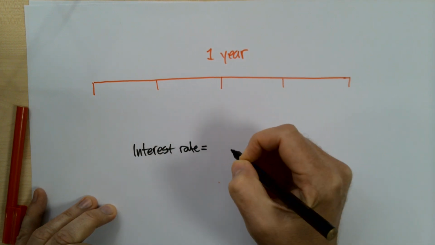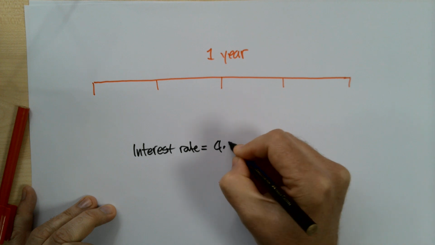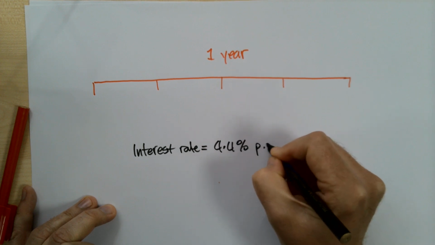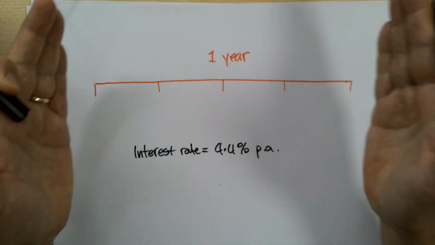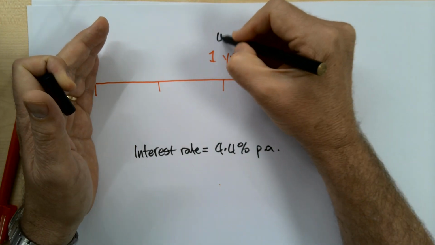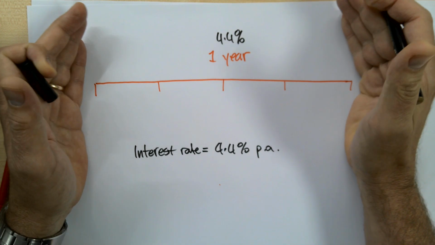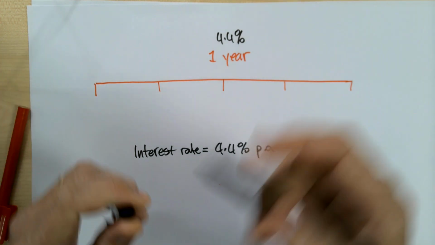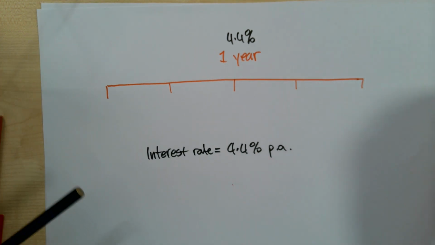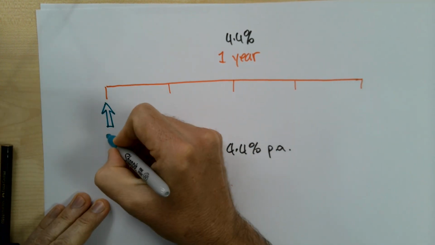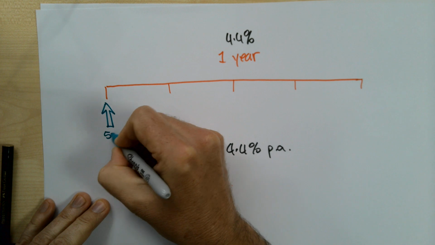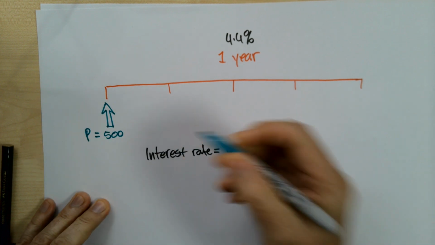I've just rigged this so it's easy to see, but let's say it's 4.4% per annum, again PA, per annum, per year. So for the whole year, there's 4.4%. And you're going to kick this off, so here we chuck, let's say $500, and that is your principal.